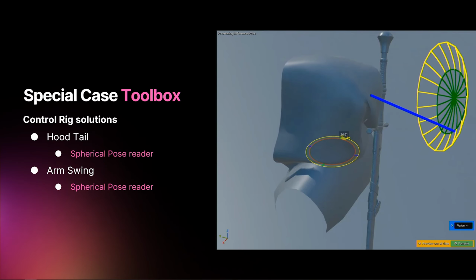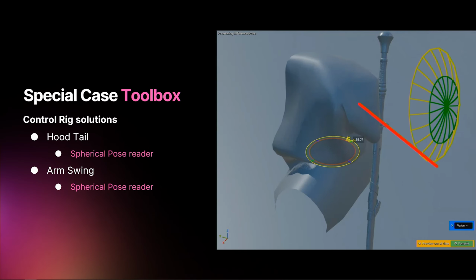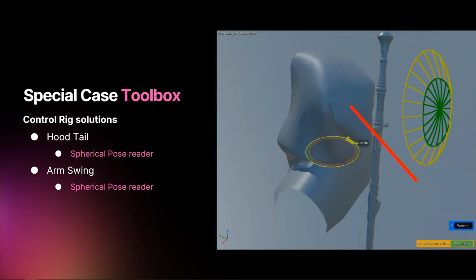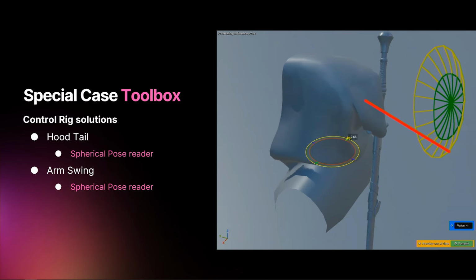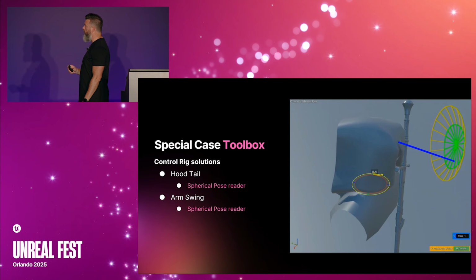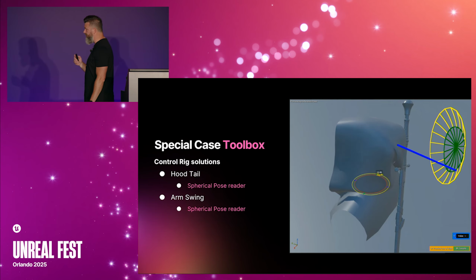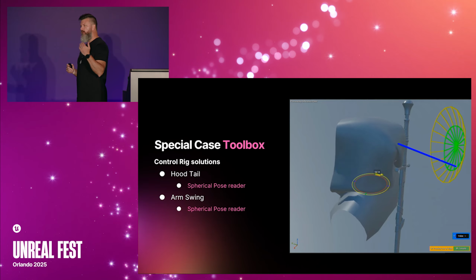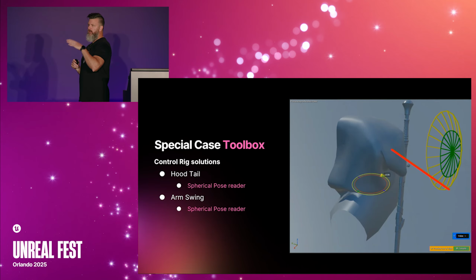Also in control rig, there's the spherical pose reader, and this is one of my new favorite functions. Here we have the hood tail with her scabbards. It was clipping, right at the perfect spot to cause problems.